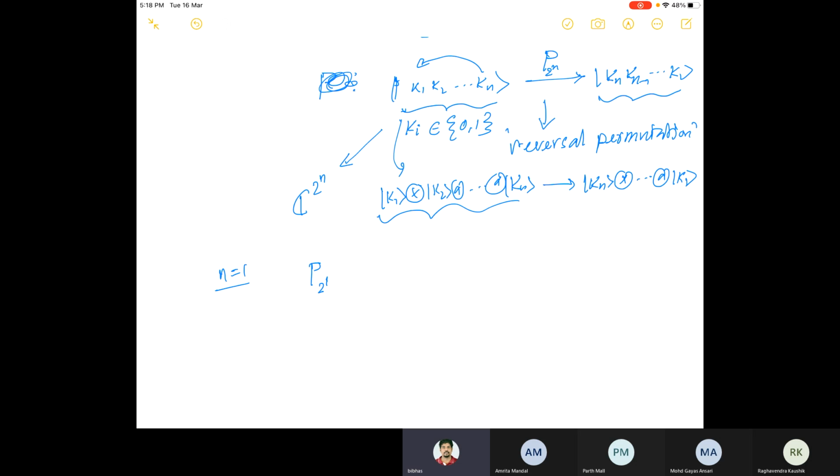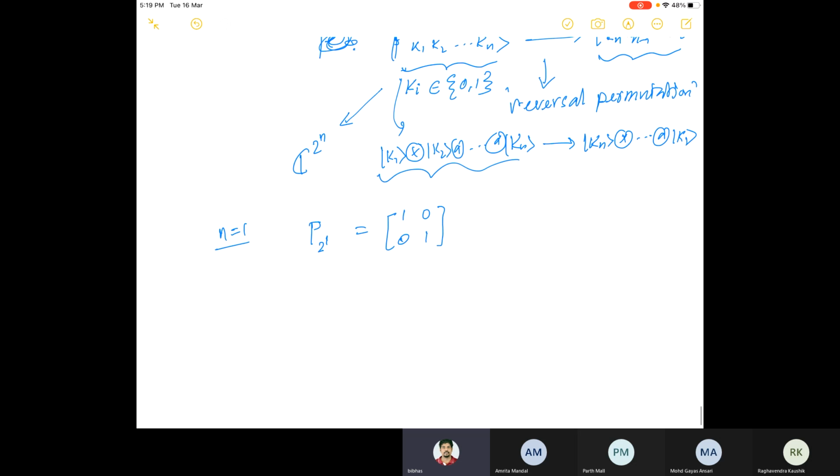So P of 2 to the power 1 will be 1 0 0 1, the identity matrix, because there is just one qubit here, so it will keep it invariant, there is no reversal. Now if you take n equal to 2, let me write it as P of 2 to the power 2. You can check that this will be 1 0 0 0, 0 0 1 0, 0 1 0 0, 0 0 0 1.